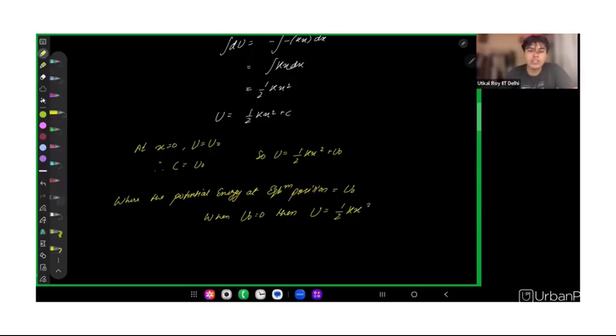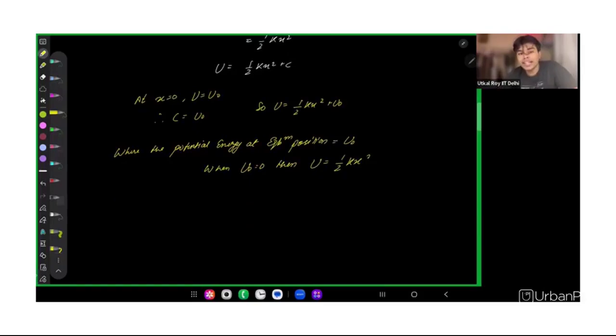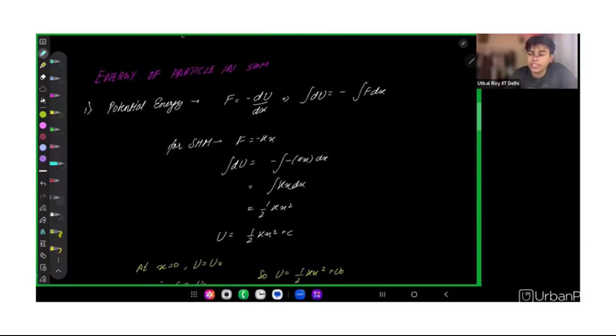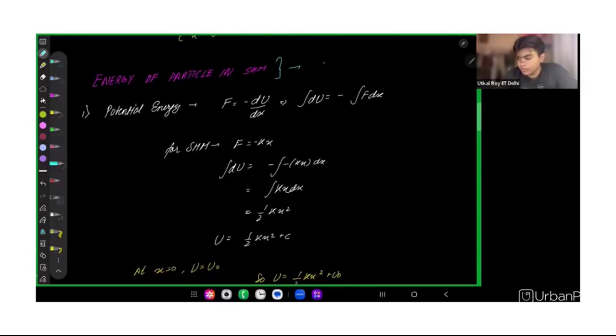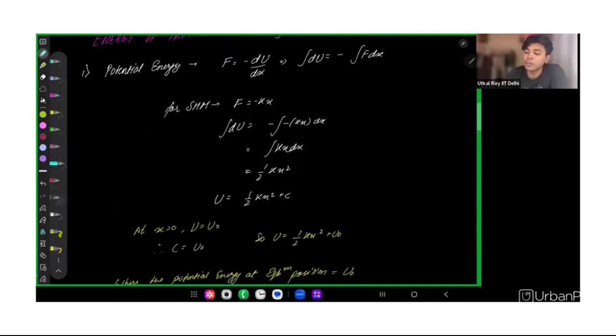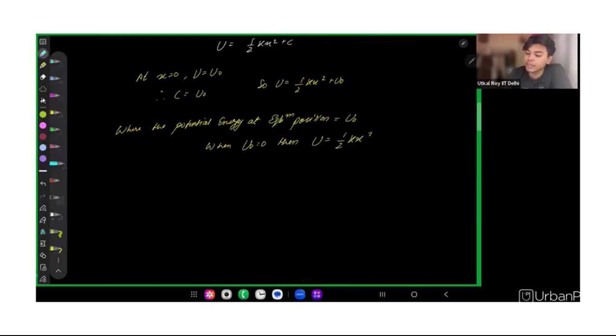Very easy. Now, if I talk about kinetic energy, these energies are in terms of displacement. There can be another energy in terms of time, which I'll cover in other classes if you personally text me because I have less time here.